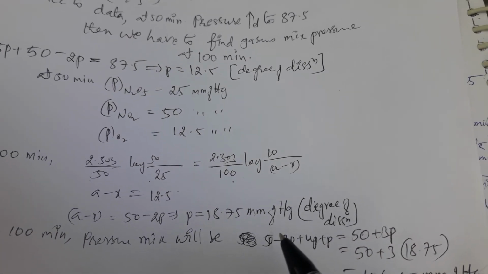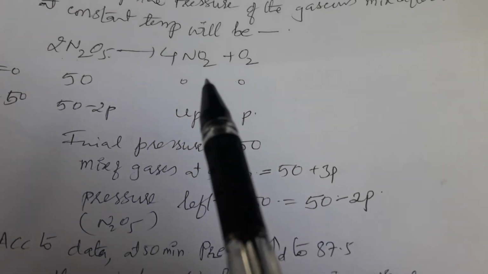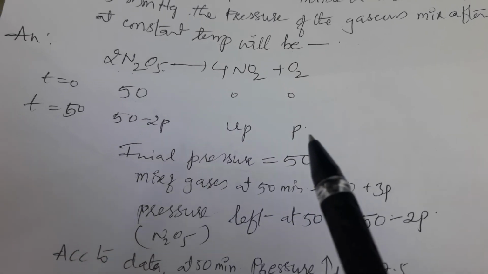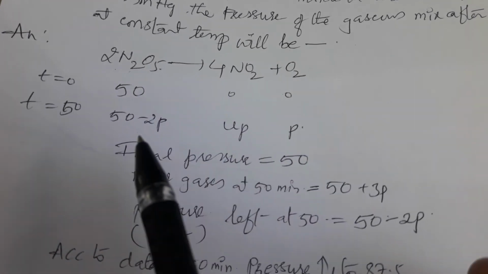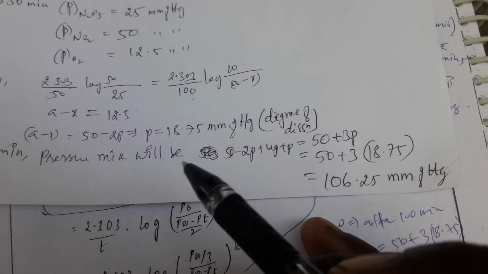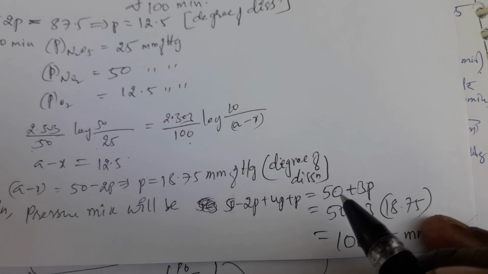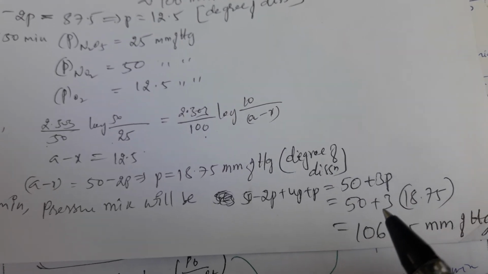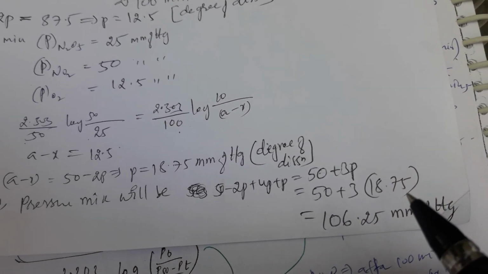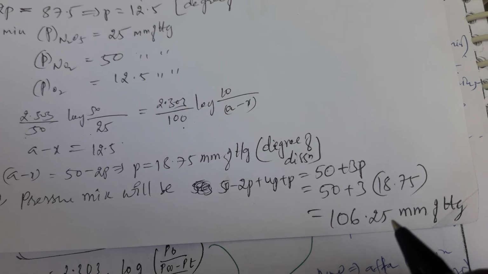So we just have to do 50 minus 2p plus 4p plus p, because this total will be the reaction pressure. Adding all this, it will be 50 plus 3p. We found the p value 18.75, just enter it here. Now after all, you get 106.25.